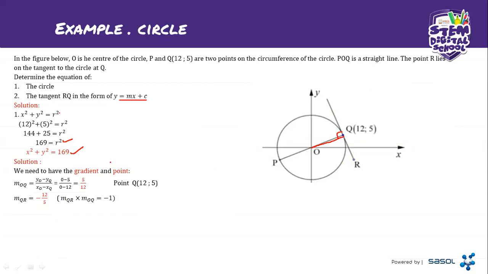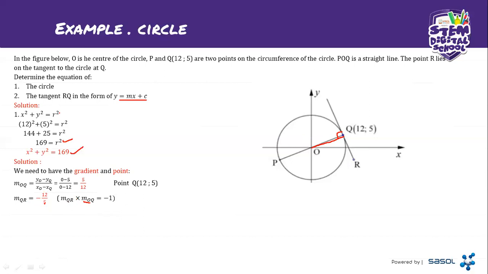Since we have calculated the gradient of OQ, you just substitute, then you solve for the gradient of QR. Then you're going to obtain -12/5. So that is the gradient that we are looking for on that line.